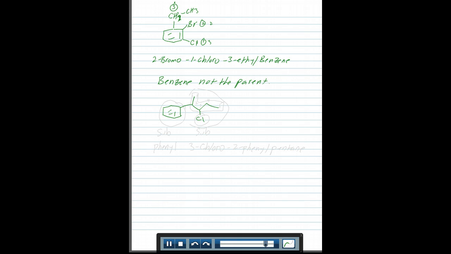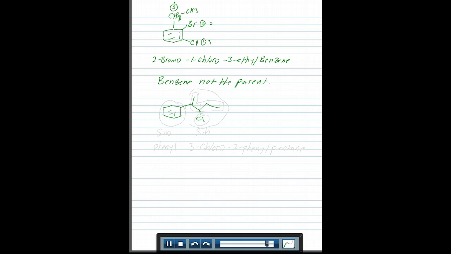Notice my group hanging off of my benzene ring is not an ethyl group. It's not a methyl group. It's not a chloro group. It's not a simple name. It's much more complicated. When that's the case, you go back to your alkane rules, or your alkene rules, depending on what your longest continuous chain is.